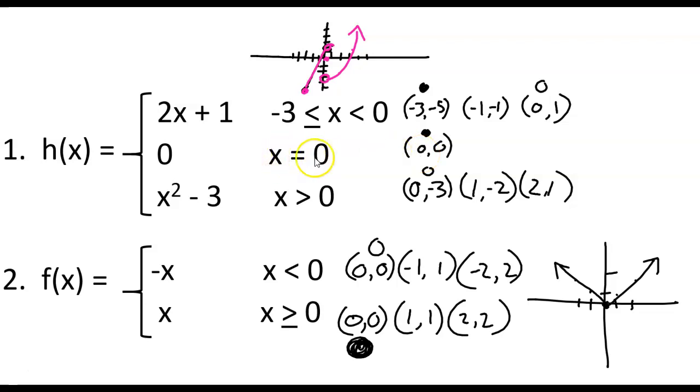It's 0 and that's it. So x equals 0, the y value is 0. So you just have a dot at the origin, 0, 0. That's it. As for the next one here, starting with the endpoint of 0, -3, that's an open dot. After that, you plot your other 2 points, and you should have gotten a parabolic looking shape here. So your final result would look like that.